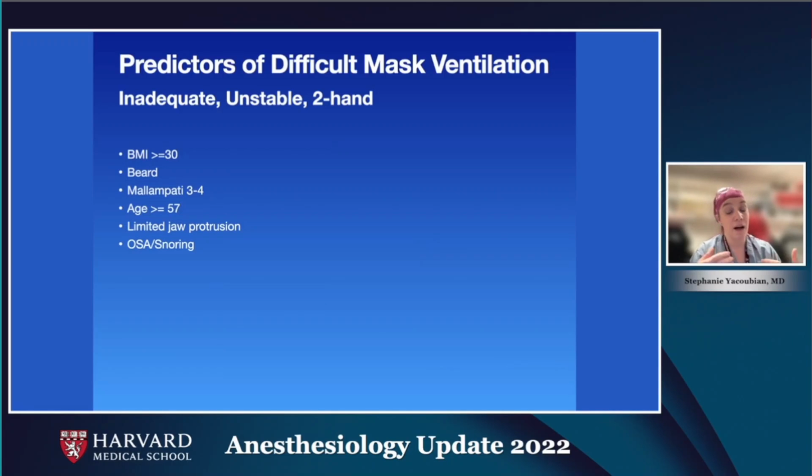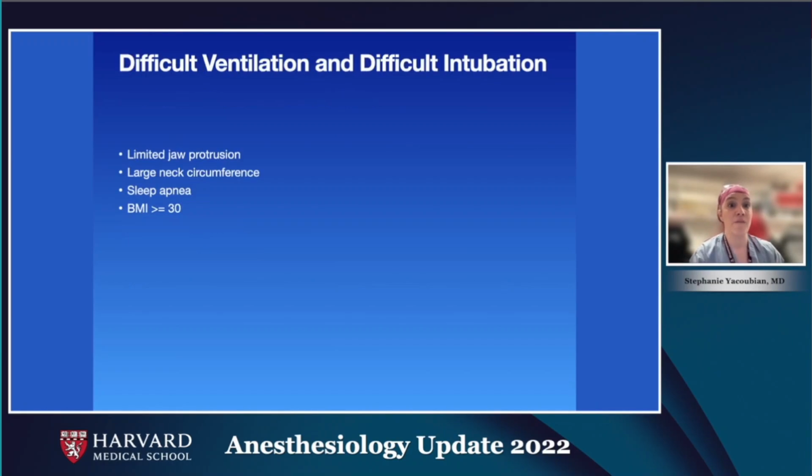You can always be prepared for your surgical airway meanwhile, but most of the time in these difficult ventilation scenarios, you may find that the patient is not difficult to intubate. However, a difficult ventilation and difficult intubation scenario is the most tricky one.